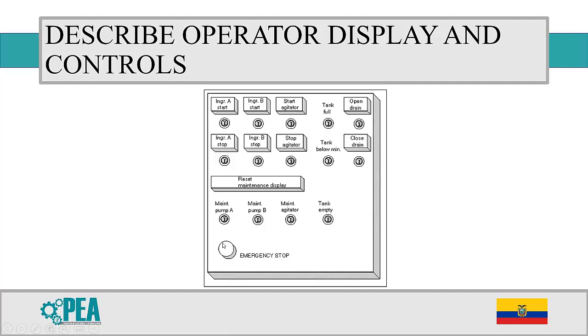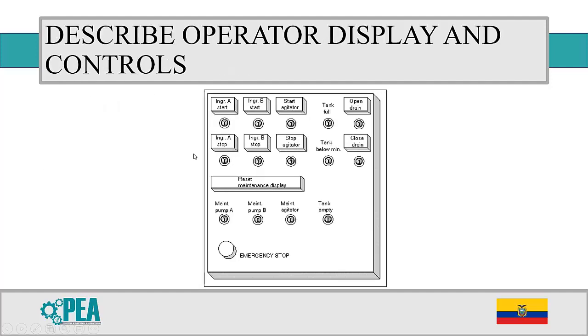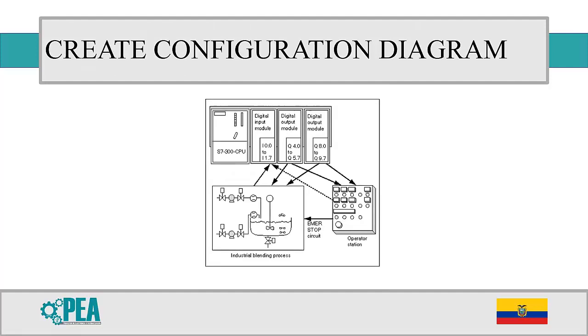And the emergency stop, pay attention to this. The emergency stop needs to be physical. Remember what we said before, it has to be independent of the PLC. If we do the emergency stop on the HMI, that's not independent of the PLC, because you need to send that data by the communication protocol to the PLC.